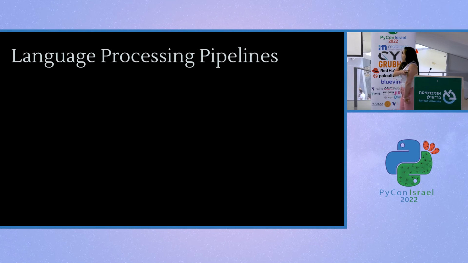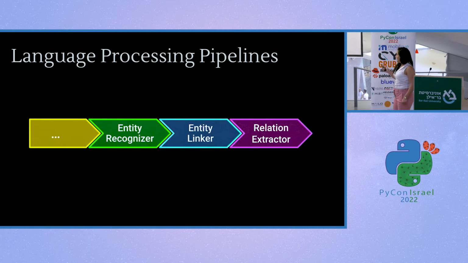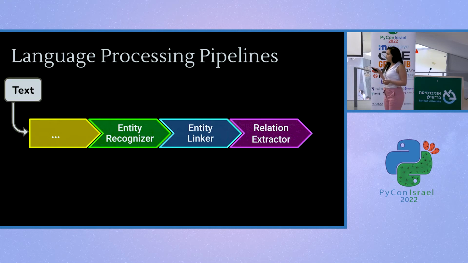In the SpaCy framework, there's a main object called the language processing pipeline. It looks like this, and basically it's a sequence of components or pipes, and each component refers to an actual model that performs some text processing task. Given the input text, it goes through the pipeline in order, and each component adds its annotations to the text.